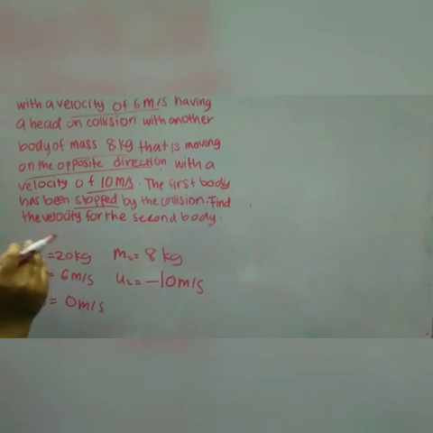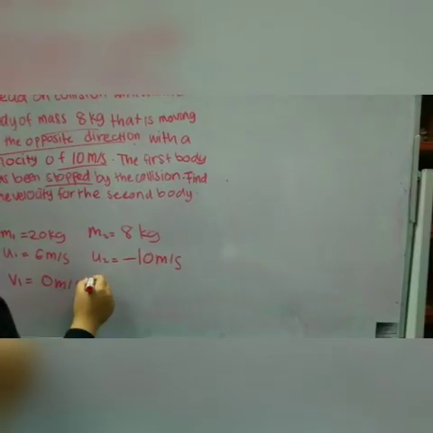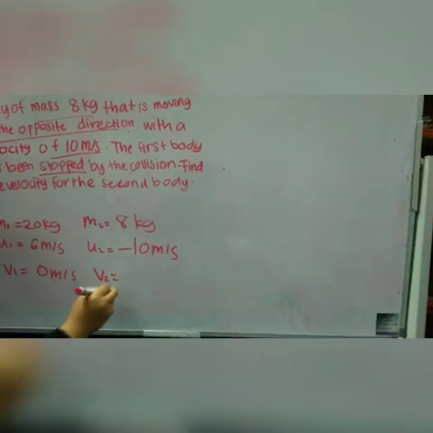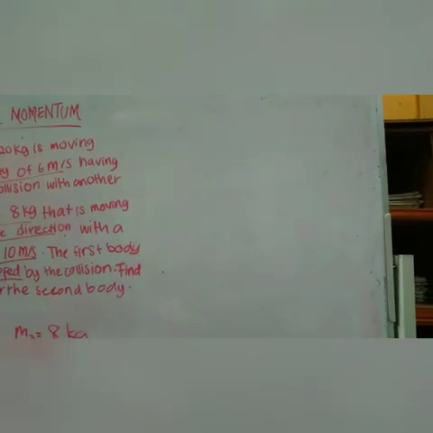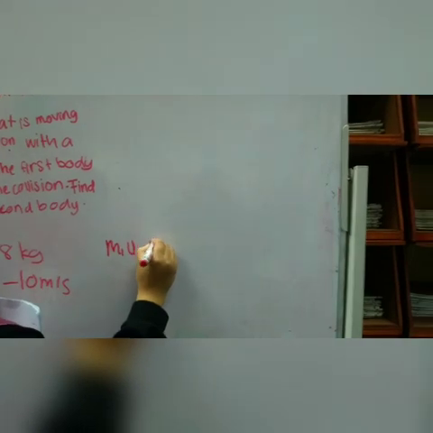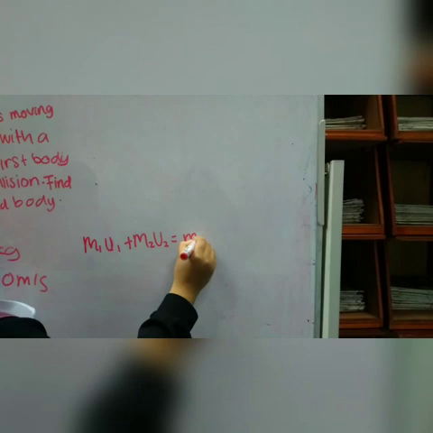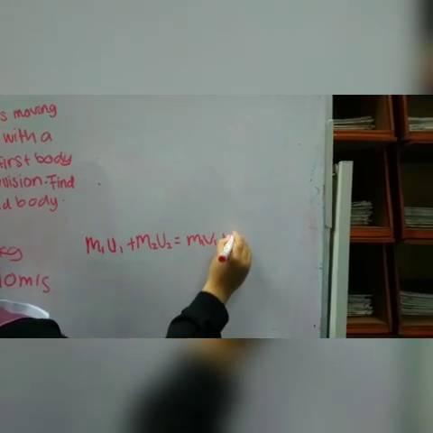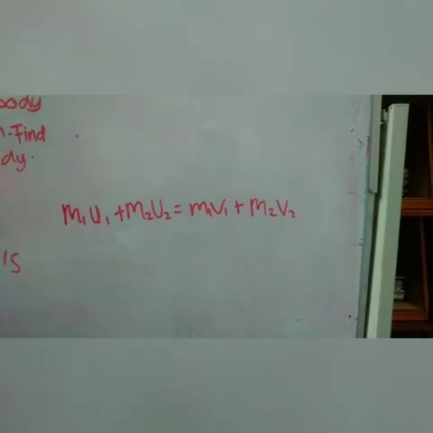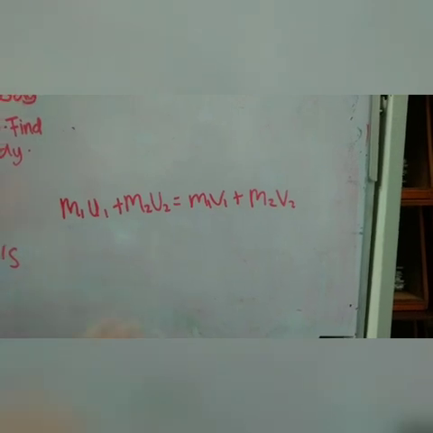We want to find the velocity for the second body, because the information was not given. So we need to use the equation M1 U1 plus M2 U2 equals M1 V1 plus M2 V2. We want to find V2, the second body's final velocity.